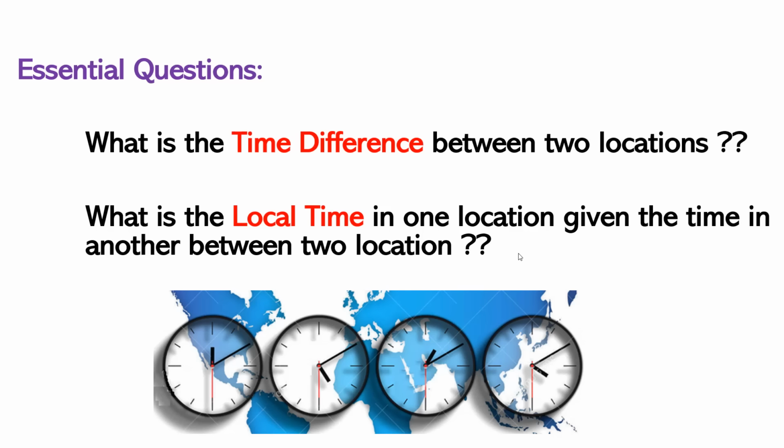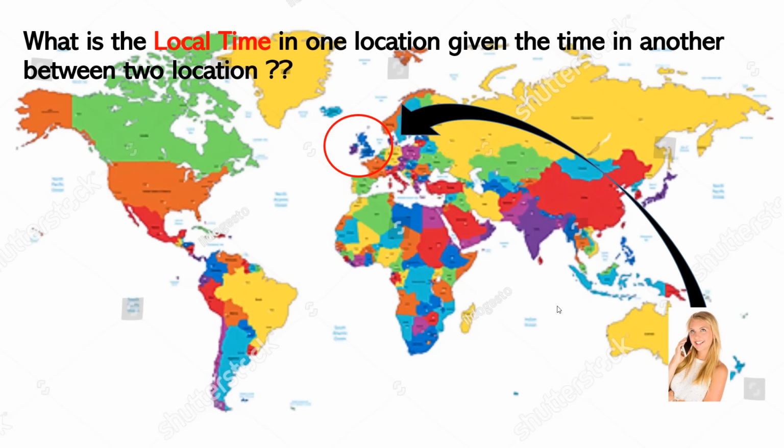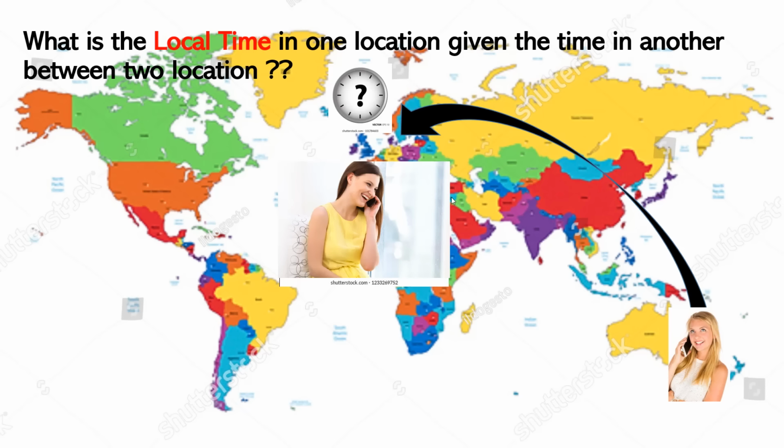Why would that be really important for us to work out? Well, let's just imagine we're living in Australia and we've had a good friend who's moved over to London, England. It's their 18th birthday and we want to know what time we should ring them. We could just get up at 11 o'clock in the morning in Australia and give them a ring, and we would think, oh yeah, maybe it'd be 11 o'clock over there, but obviously there's a time difference.